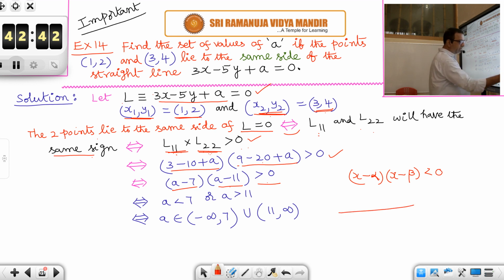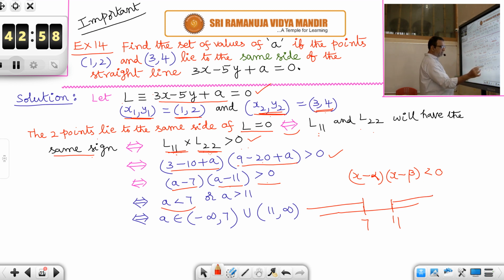On the number line, 7 is on the left side, 11 on the right side. So A must be less than 7 or A must be more than 11. That means A belongs to the interval minus infinity to 7, open interval, union 11 to infinity.